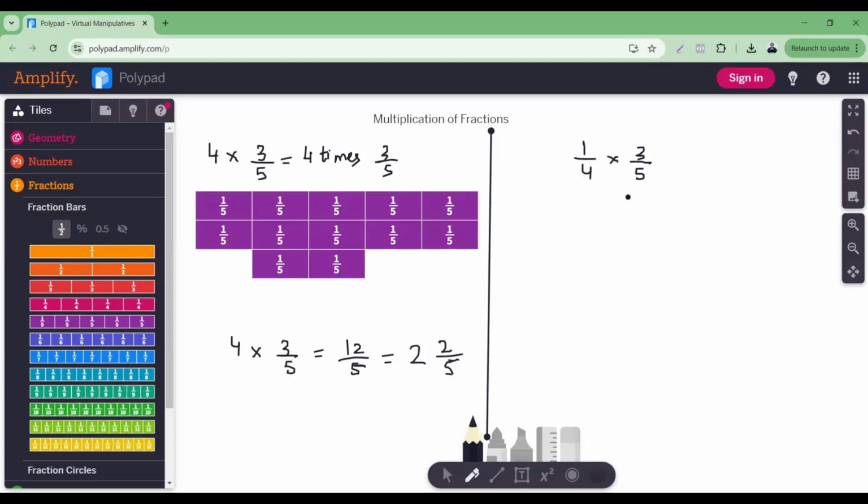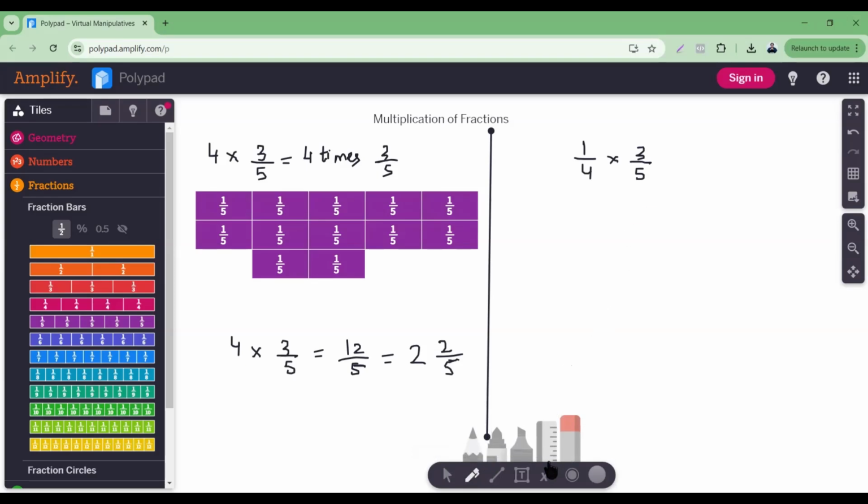When I say 3/5, out of 5 parts, 3 parts I'm selecting. Similarly, out of 4 parts, 1 part I am selecting. That's the meaning of the fraction. It's very important to understand this.